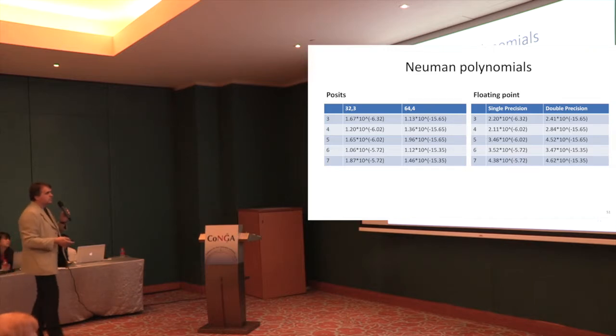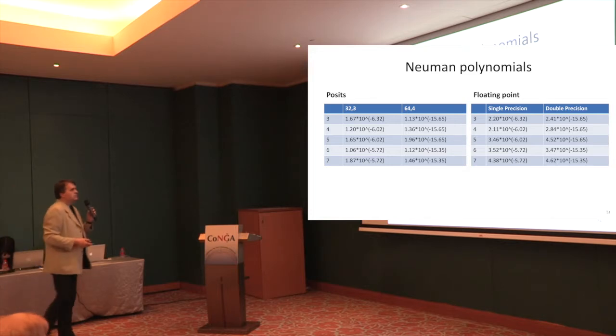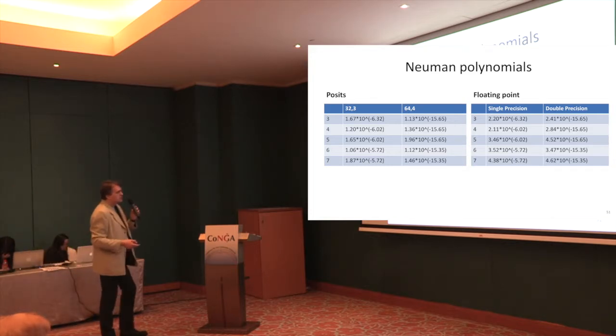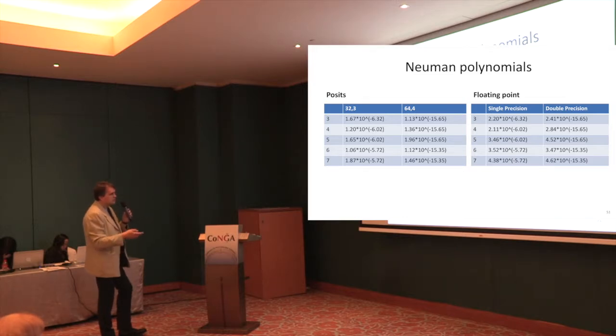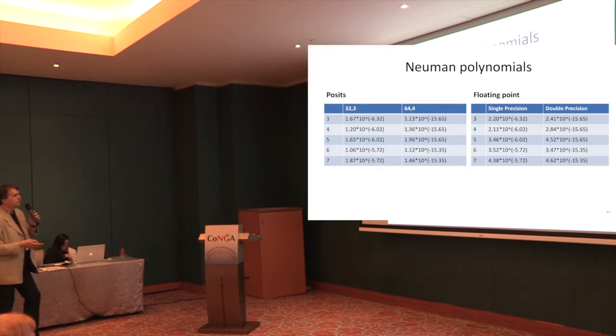For example, in one case it's 1.67 times 10 to the minus 6.32, and in the other it is 2.20 times 10 to the minus 6.32. So in any case, posit arithmetic offers better precision.